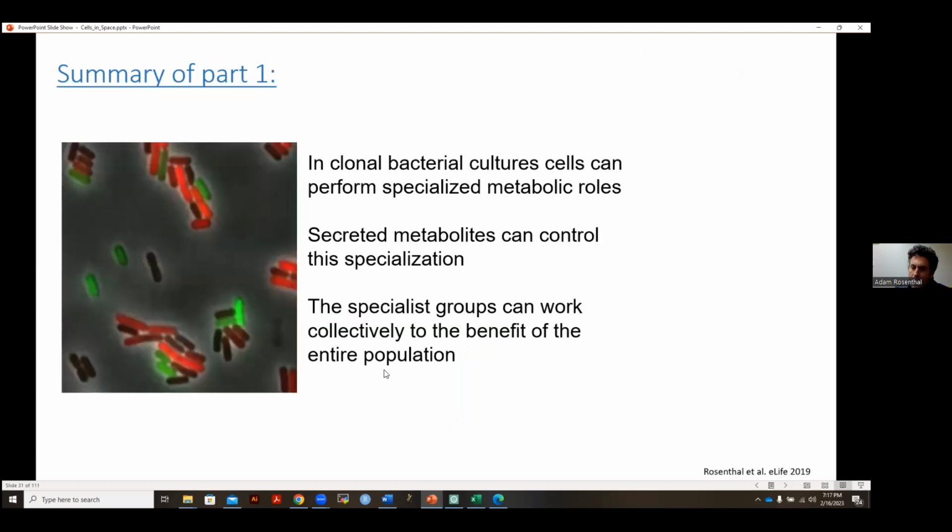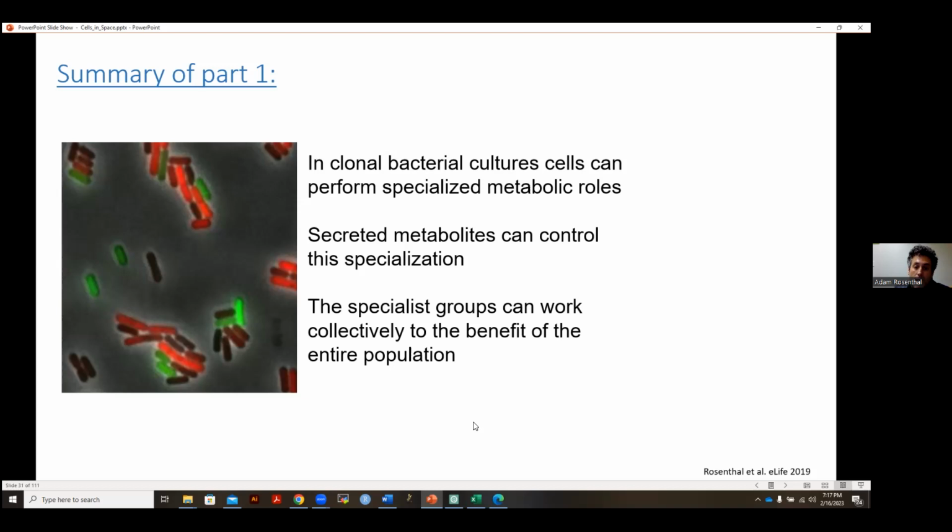So in this first part of the talk, hopefully what I've been able to show you is that in clonal bacterial cultures, cells can actually perform specialized metabolic roles. The secreted metabolites themselves can help cells control some of this specialization. So here we saw acetate turning some cells on and off.